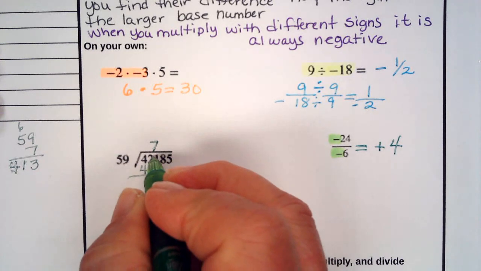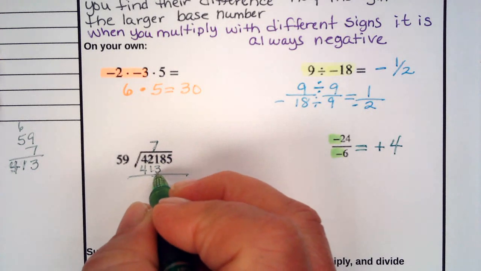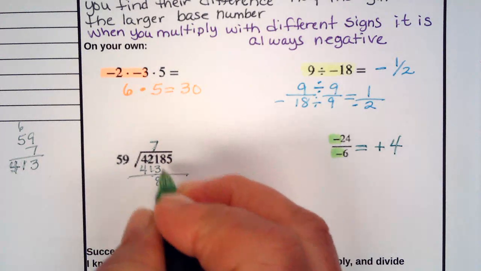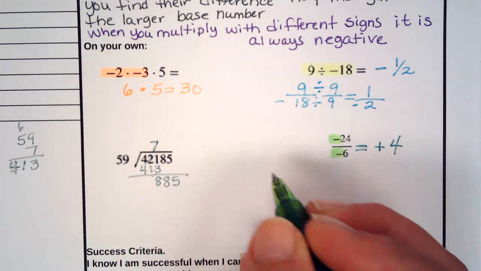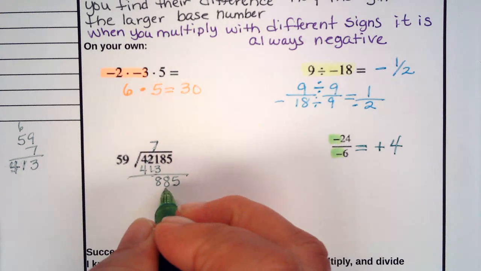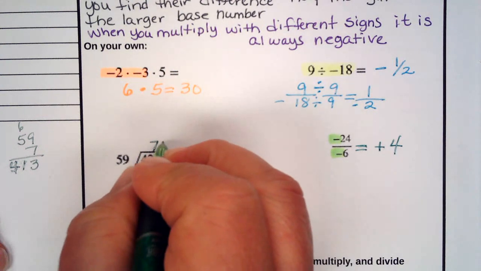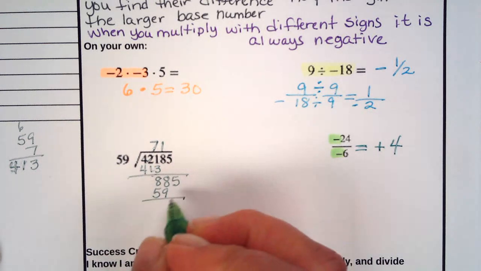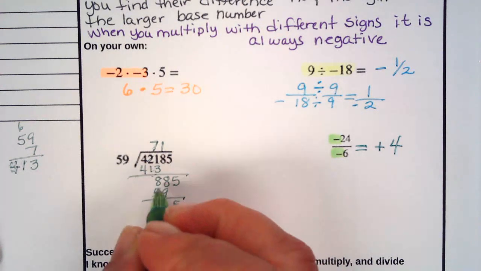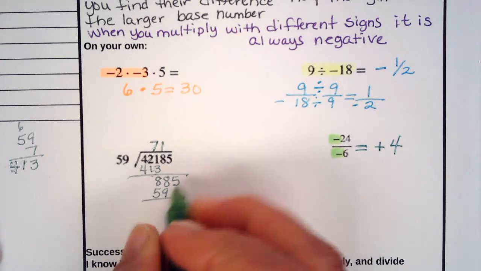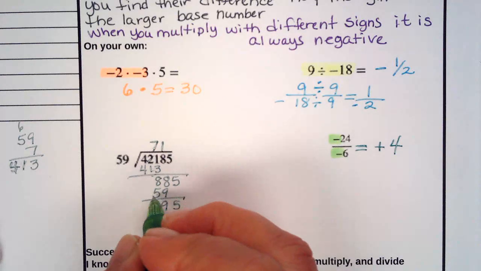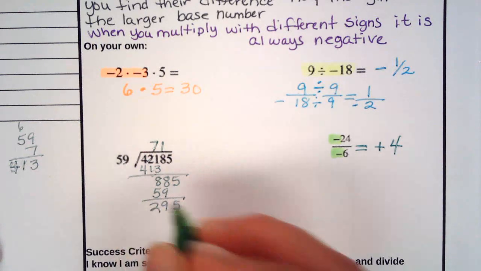Okay, borrow that 1, 11 take away 3 is 8. I've got 885. 59 goes into 88 one time. Bring down my 5, I've got to borrow a 1, 18 minus 9 is 9, and 7 minus 5 is 2.